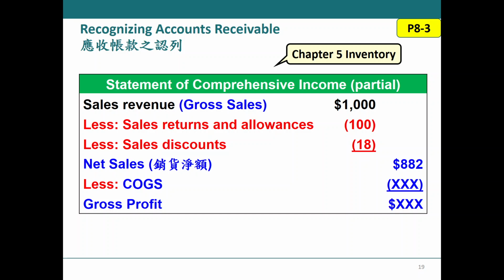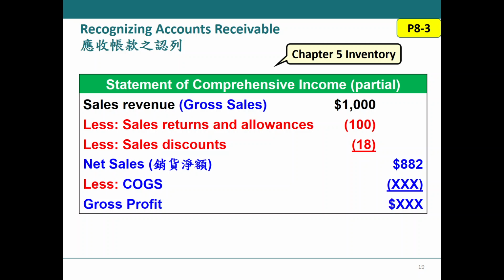At the beginning, we have sales revenue. You sell the product to customers. But don't forget, two reasons will make your revenue decrease, right? First reason, sales return allowances. Second reason, sales discount, right? So after that, what is the true revenue we earned? Net sales. Usually when we talk about the net, it's our real amount.